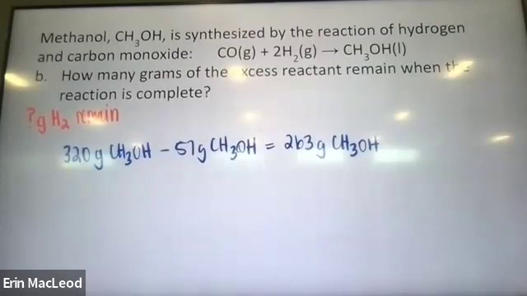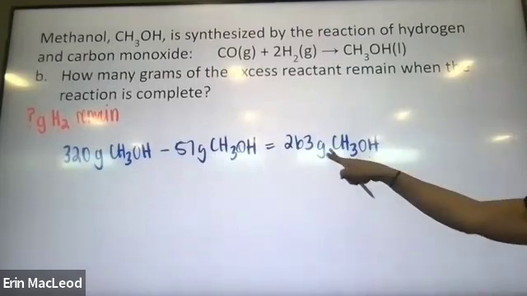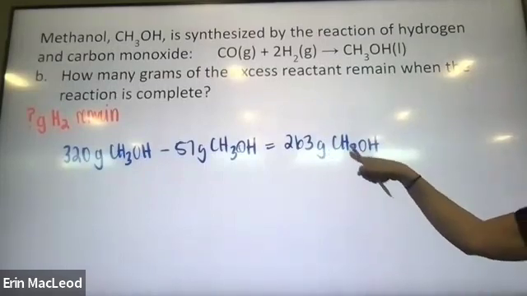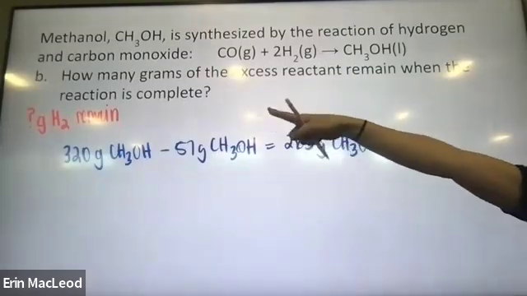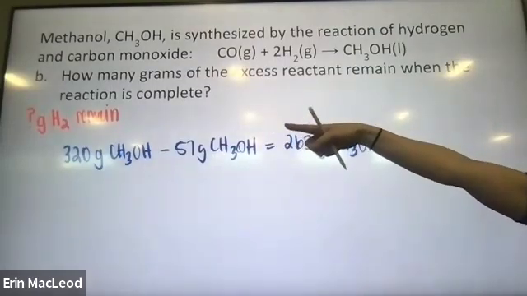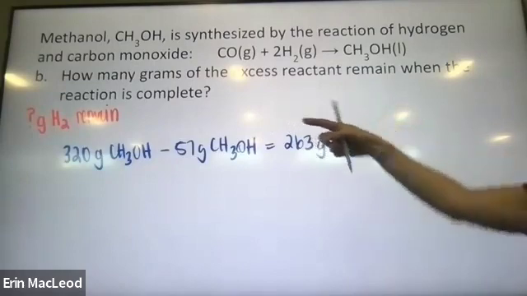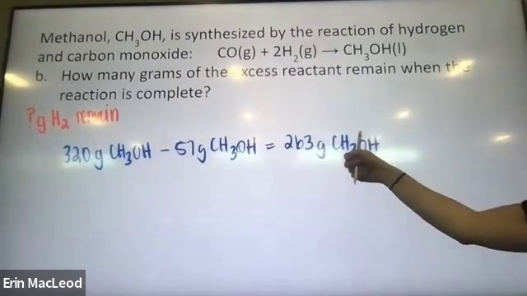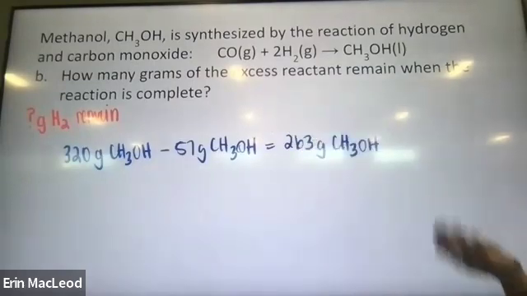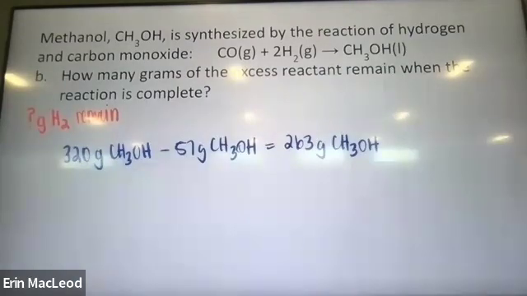Here's the problem: by subtracting there, that's how much more methanol we could have made, but it doesn't want that. It wants how many grams of hydrogen are left over. So how much more methanol we could have made is going to correlate to how many grams of hydrogen are left over.